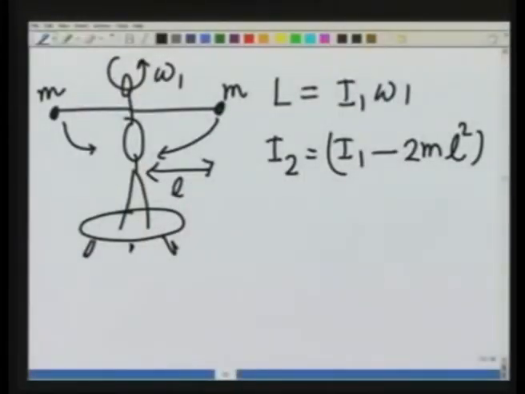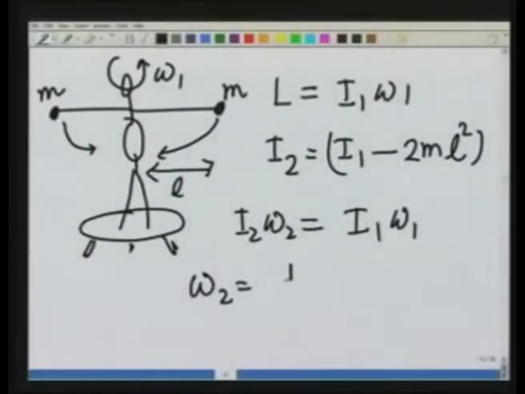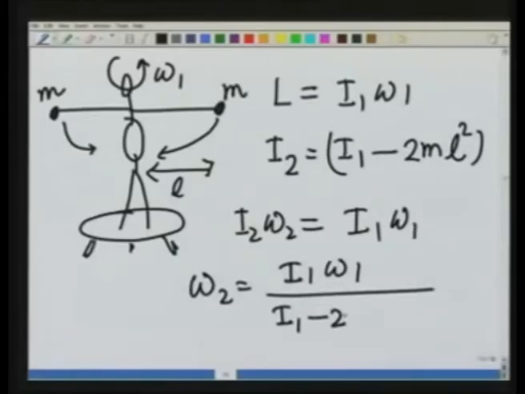So, I2 omega 2 should be such that the angular momentum remain unchanged. After all, when I am moving my arms in or out, the other forces that are being applied by my joints are internal to the system, and therefore, omega 2 becomes I1 omega 1 over I1 minus 2 m L square.